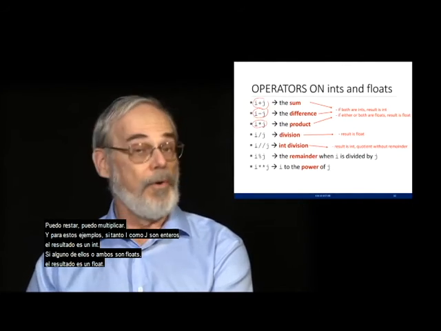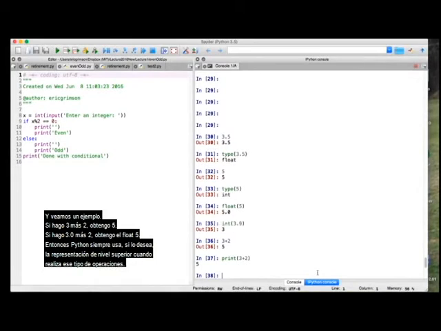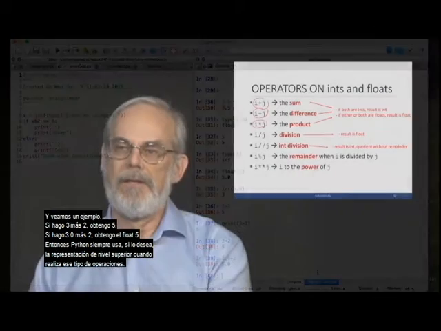If either of them or both of them are floats, the result is a float. And let's look at an example. If I do 3 plus 2, I get 5. If I do 3.0 plus 2, I get the float 5. So Python is always using, if you like, the higher level representation when it does those kinds of operations.